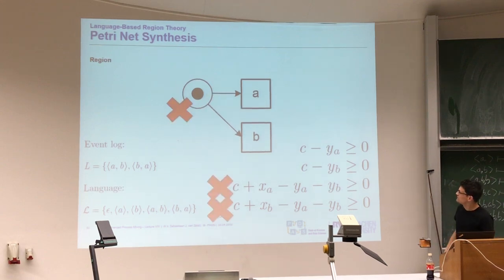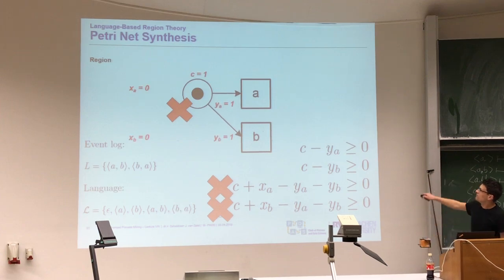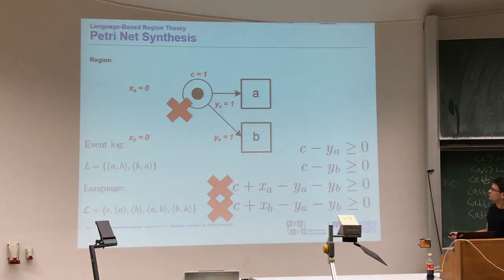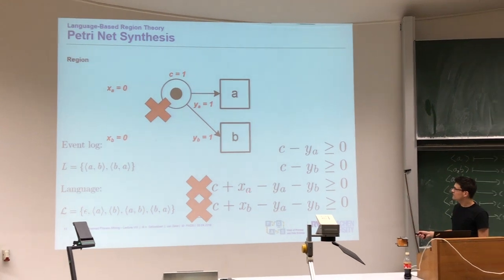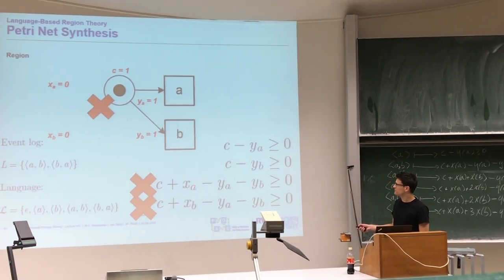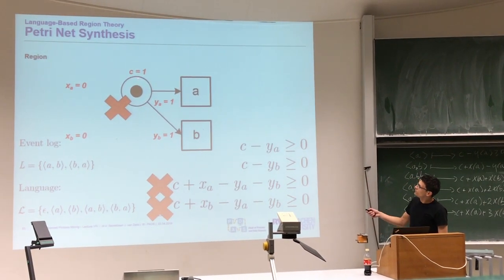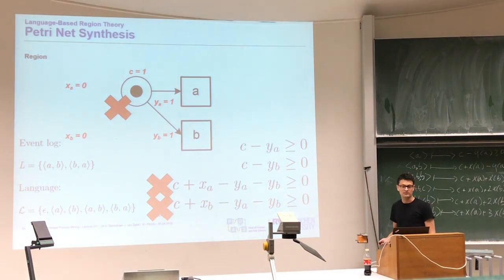This one, however, is not fine. Why? Because the last two constraints will lead to a value of minus 1. So c is 1, xa is 0, so 1 plus 0 is 1. But ya and yb are both 1, so 1 minus 1 minus 1 is minus 1.